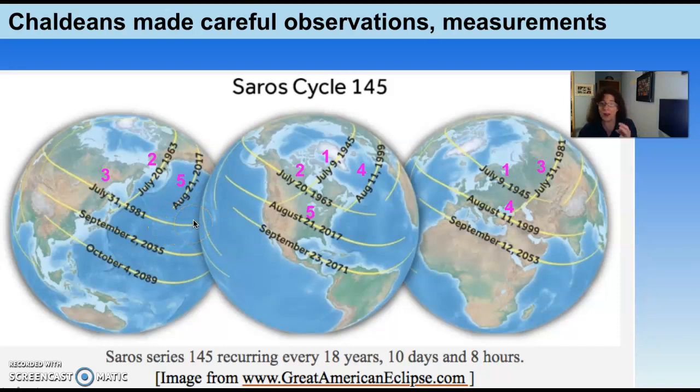The fourth time is right around 1999, where you're seeing that it started off in the Atlantic, went over Europe, and came through to the Indian subcontinent. And then the fifth time it came around was in 2017, and that was the famous eclipse that went across the United States. This is one eclipse that recurs about 18 years with the cycle.